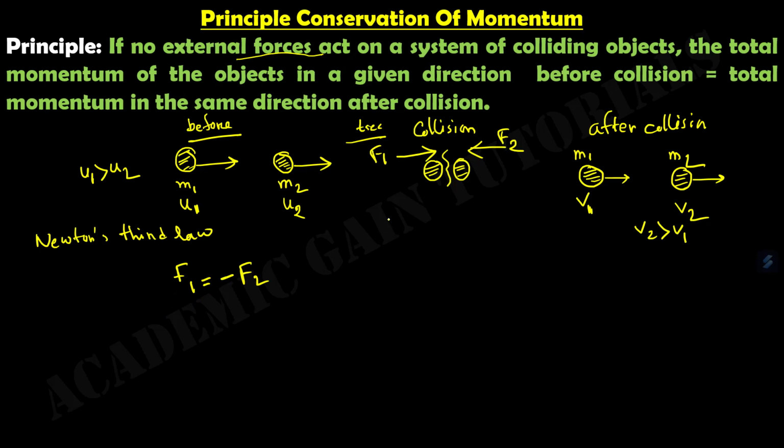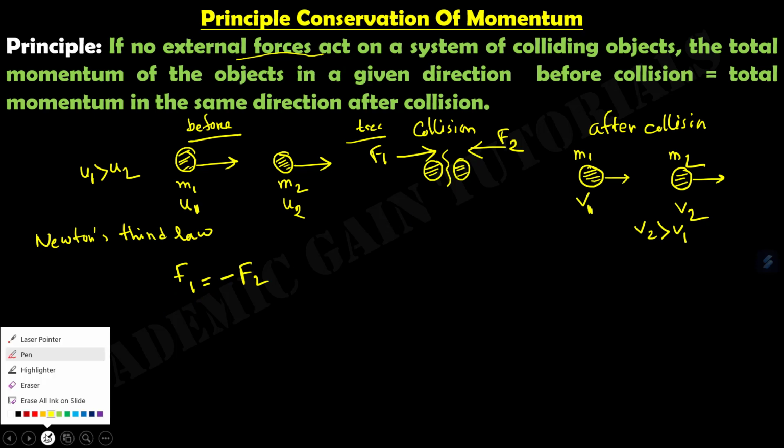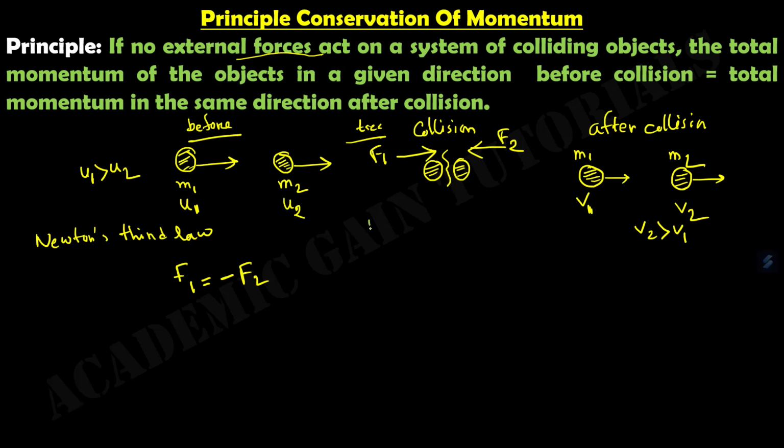So what is F? We know F equals ma. Force means mass times acceleration. So for F1 we'll have F1 equals m1 a1, and for F2 we'll have m2 a2. And what is a?